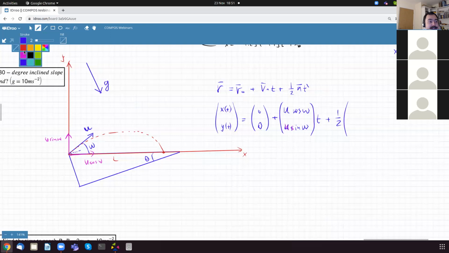But the acceleration also has to be split into components. So this angle is theta. So this is g sine theta, and this is minus g cos theta. So this is going to be g sine theta and minus g cos theta.